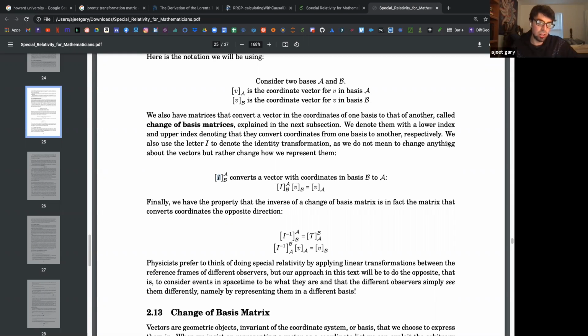The ultimate goal here is to show that these weird things like time slowing down, space squishing, and simultaneity not being preserved are non-physical things, just like in linear algebra, differences up to basis change are non-physical. I guess I shouldn't say non-physical in a math context, but you know what I mean in a linear algebra context, right? If you can just change the basis to get from one coordinate expression to another, then that's just a viewpoint.